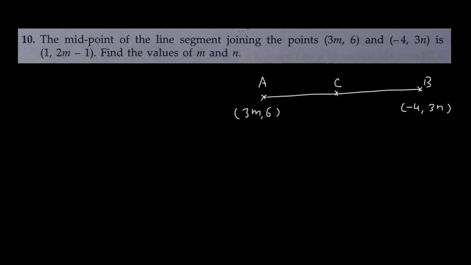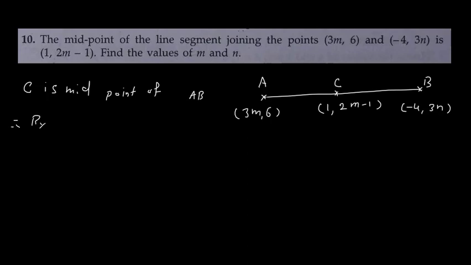Midpoint is C with coordinate 2m minus 1, 1 comma 2m minus 1. I have to find what is the value of m and n. Okay, the midpoint. So here it is given that C is midpoint of AB.